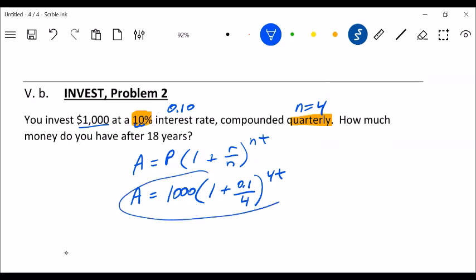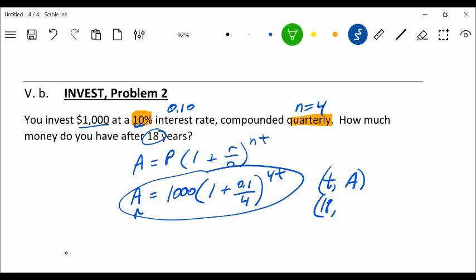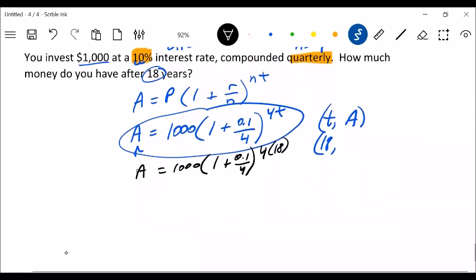So we have an equation. And if I'm given a certain t, that will give me back a certain amount over here. Right? And we are given, again, 18 years. So that means this is going to be 18 years. So let's put an 18 in. A equals 1,000, 1 plus 0.1 over 4, and then here we have 4 times 18.